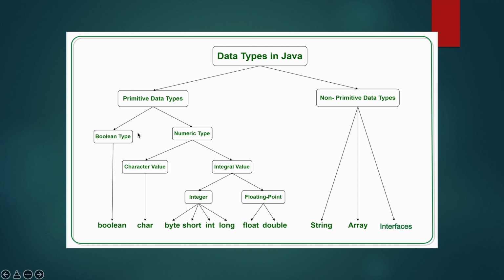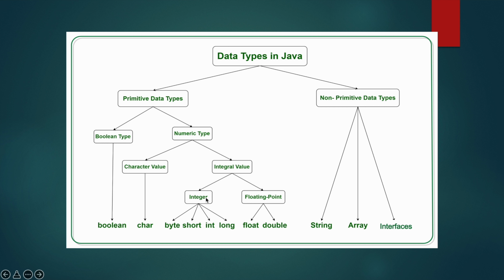Primitive data type is divided into two, that is Boolean type and numeric type. And numeric type is again divided into two, that is character value and integral value. And integral value is again divided into two, that is integer and floating point.